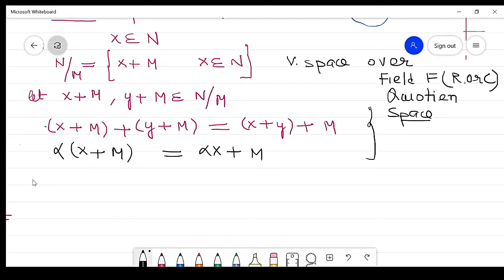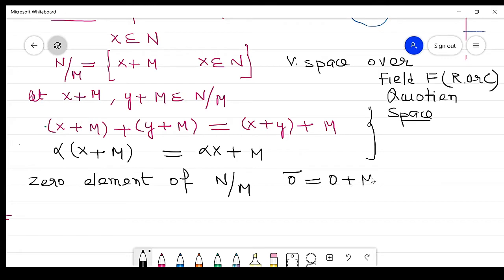Now what is the zero element of N by M? Let me just revise. The zero element of N by M is 0 bar, which is 0 plus M, and that is equal to capital M. So this is the zero element of N by M. And what is the negative element of N by M?